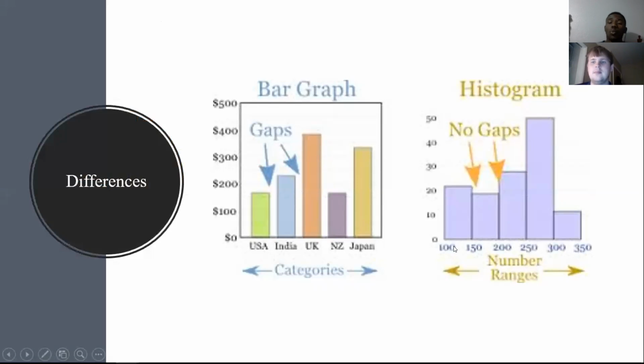So we have 100 right here, and then it's 100 all the way to 150. And then we have 150 to 200, and it continues to go on. Now, these are touching, and the amount between 100 and 150 is about 20 or so, a little bit above. And then from 150 to 200, it's a little bit less than 120.